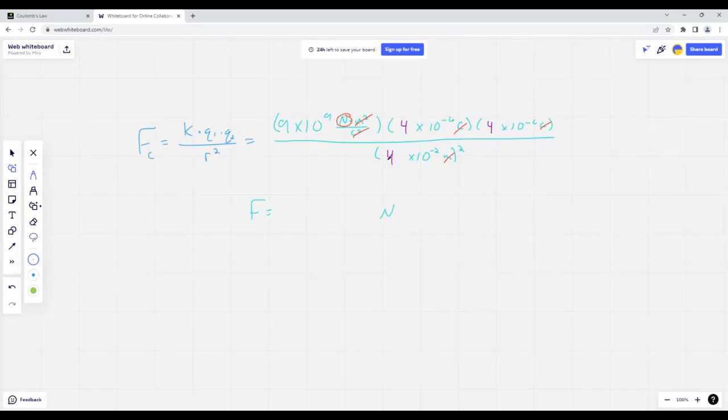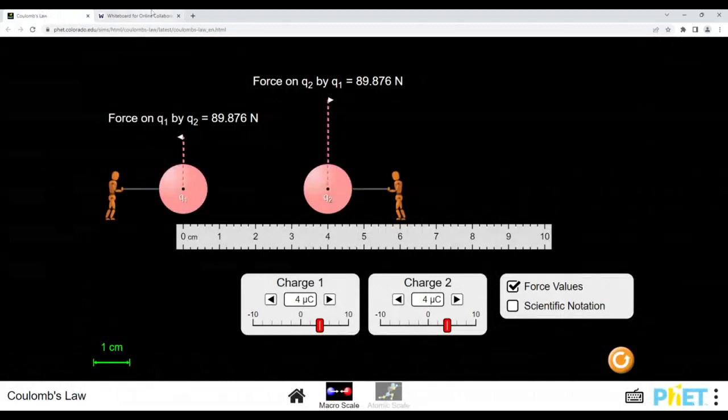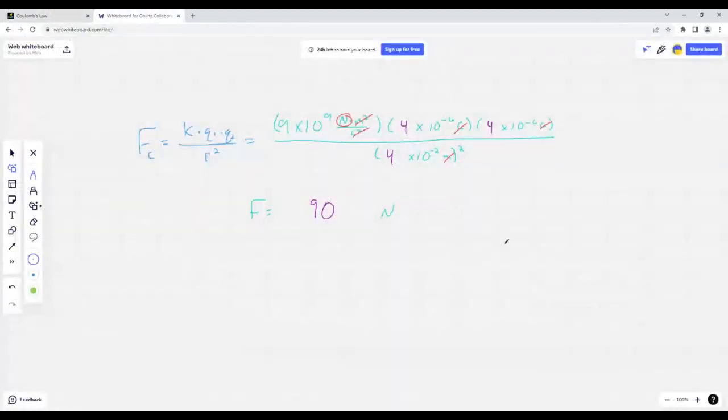And what's kind of nice about this, you notice this 4 on the bottom is going to get squared, and then there's 2 4s up there. A lot of this ends up just canceling. And because of the value that we pick for k, in the end, we get that this is roughly 90 newtons. And if we double check, we see that, yeah, that is a number that's really close to 90 newtons. So that worked.